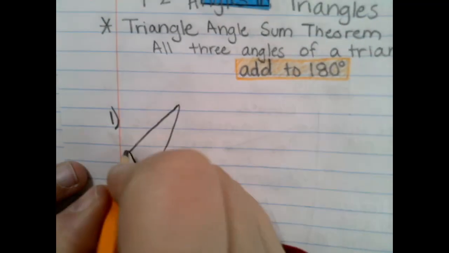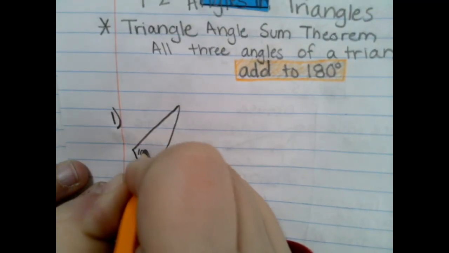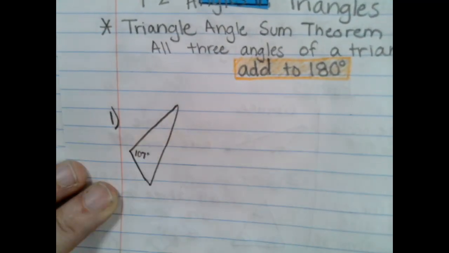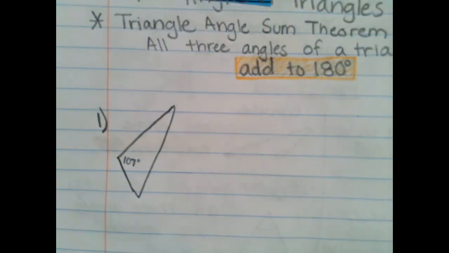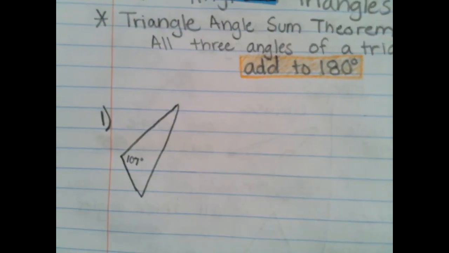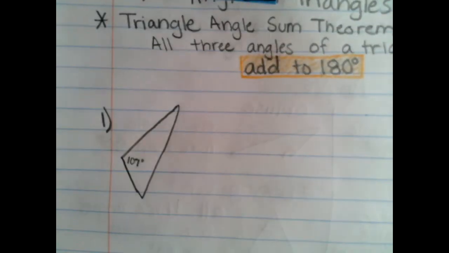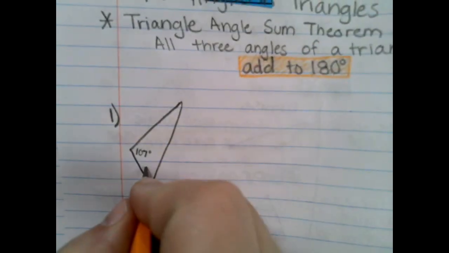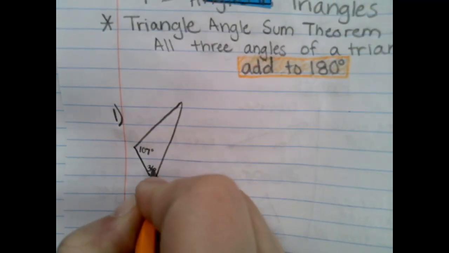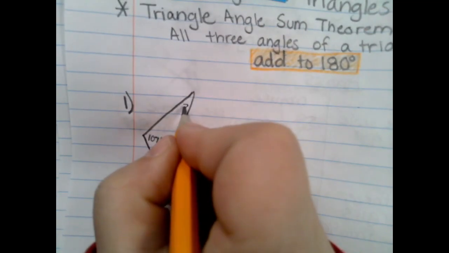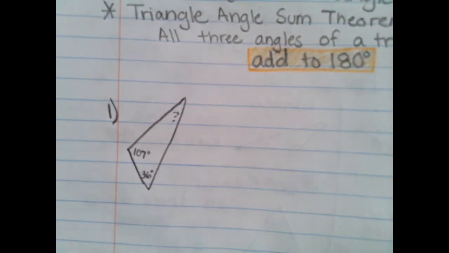So we know that this is 107 degrees here. And we're going to say this one is 36 degrees. And we're going to try and find this one here. The drawing's not quite exact, but that's okay.